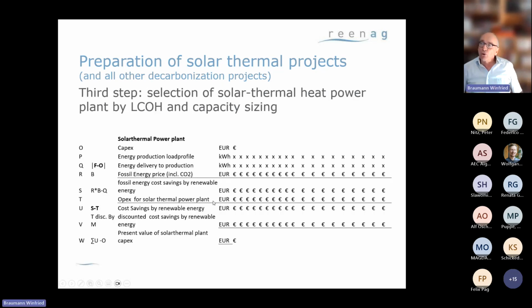We come to the third step. The third step is the selection of the solar thermal heat power plant and of the capacity sizing of this heat power plant. It is advisable for finding the right solution to compare the levelized cost of heat of different solar thermal options.